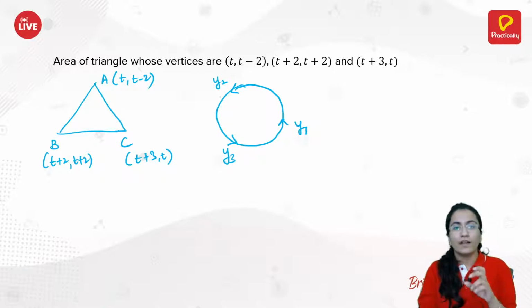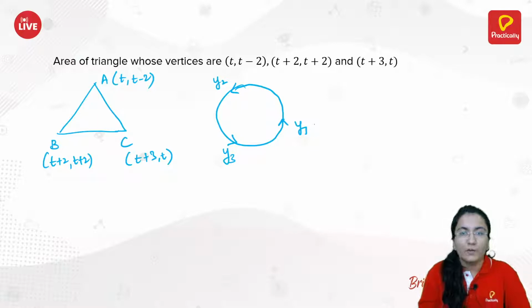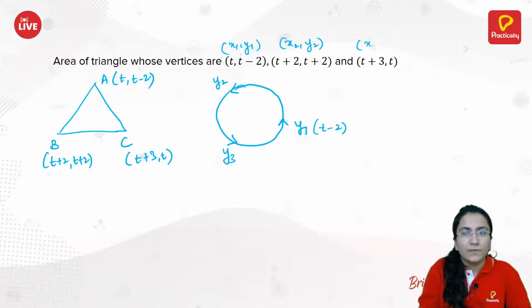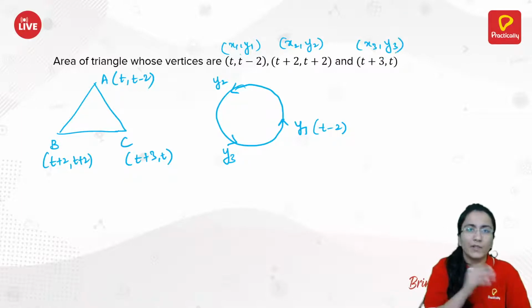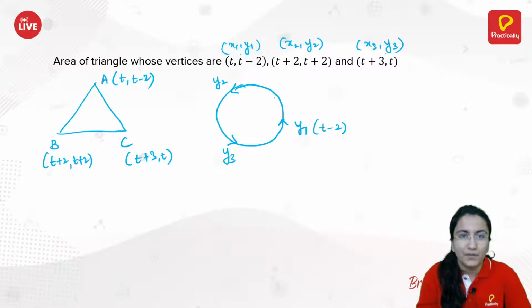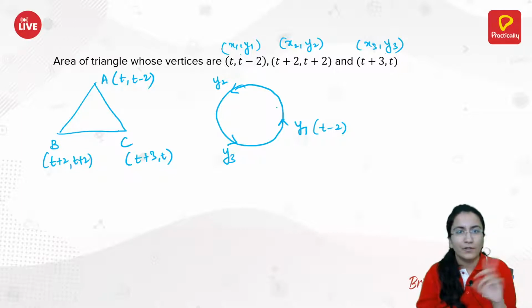Because after writing all the values in the loop, we will be able to see how we are going to write our formula, right? So that is y1 is T minus 2. I am assuming this to be x1 y1, this to be x2 y2, and this to be x3 y3. You can assume it on your own. You can name this 1, this 2, this 3. It is up to you. But once named, you can't change.